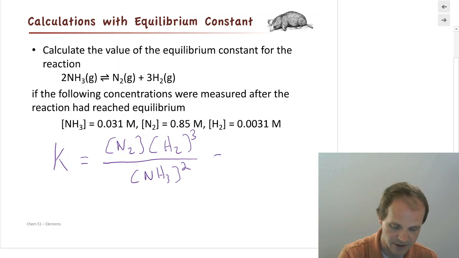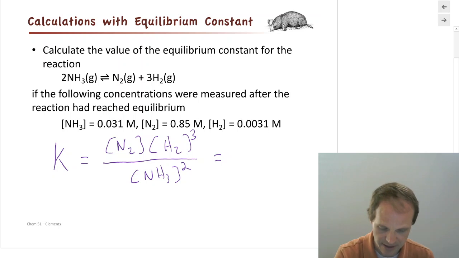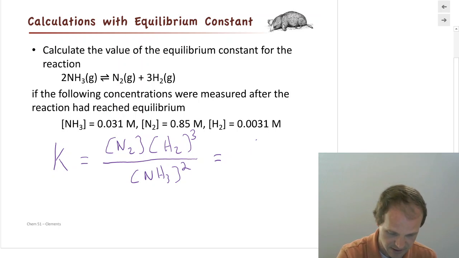Now let's just plug in those numbers. Notice what I'm about to do. When I use generics, when I say the concentration of N2, I use square brackets because those square brackets mean concentration. As soon as I write an actual number that has a concentration unit on it, I'm going to use parentheses, because I don't need to specify its concentration because I'm writing a concentration. So N2 is 0.85 molar.